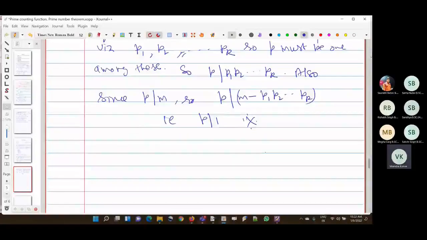And p is prime, so p should be greater than or equal to 2, so p cannot divide 1. Okay, which is impossible.